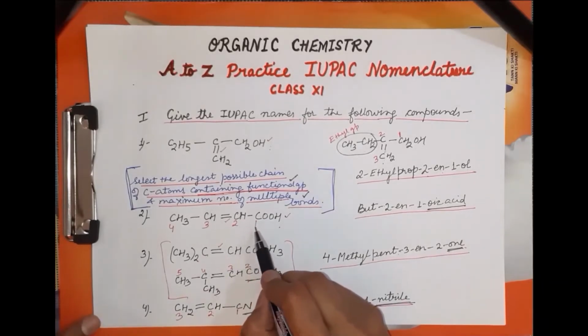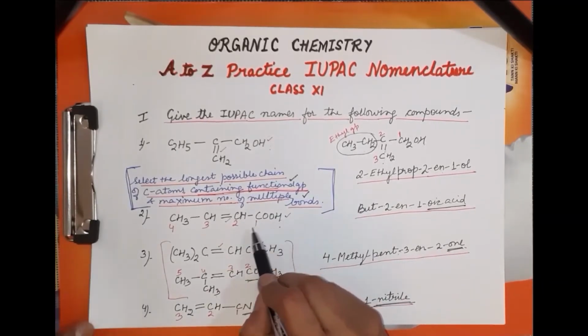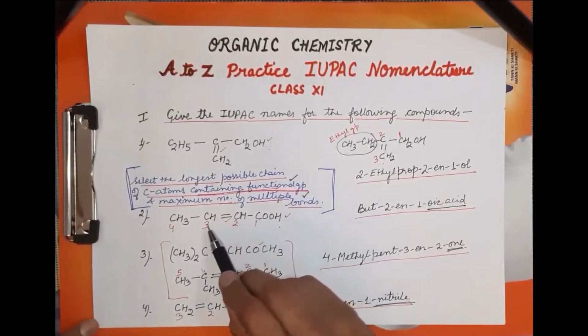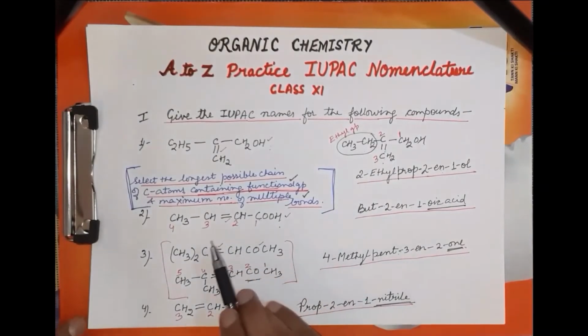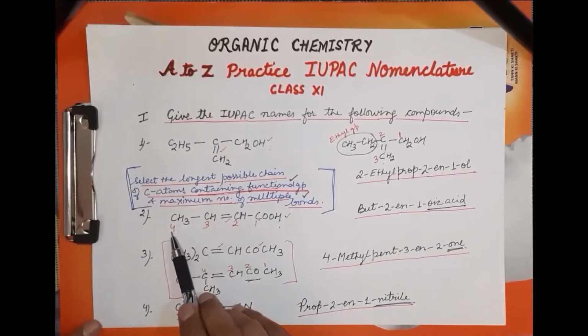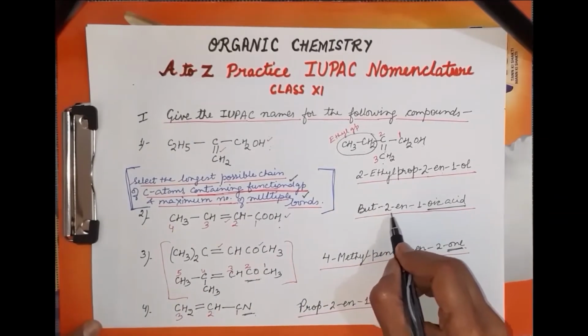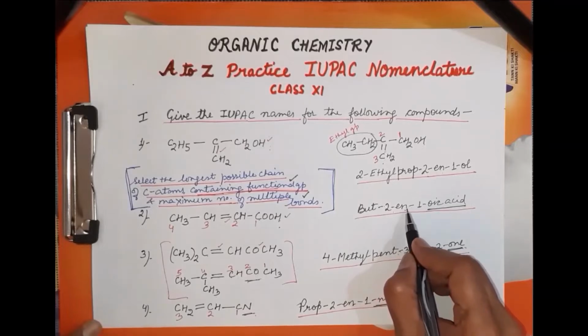So in this case, this carboxylic acid carbon will be 1, 2, 3, 4. No substituent, so no prefix, and a 4 carbon atom chain is there.